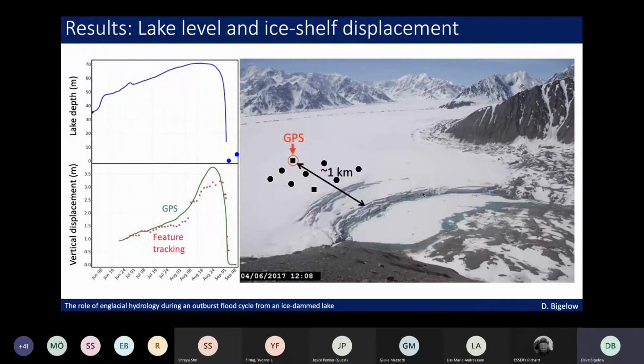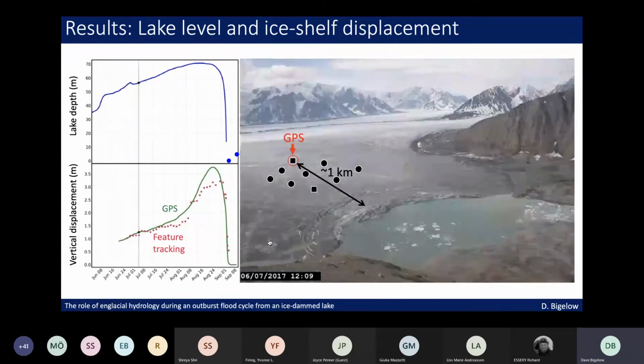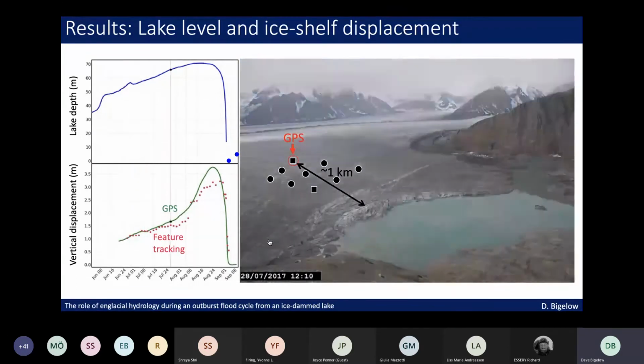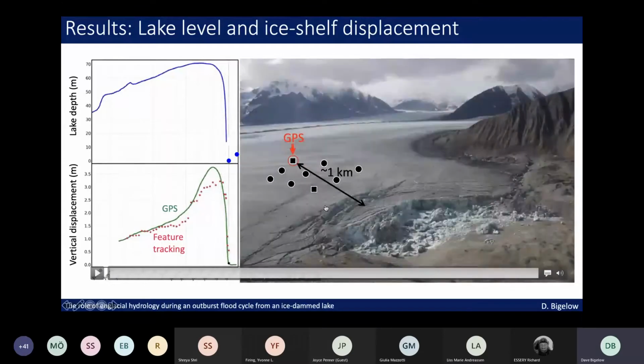So here's that video again, and on the left-hand side this time what we've got is lake depth plotted in blue, as well as vertical displacement at this GPS station in green, as well as the results from the feature tracking software at that particular point. So I'm going to turn this video on, and what I want to draw your attention to is the fact that the lake really lifts up early on in the process, and then you have these very large fractures form on the ice shelf.